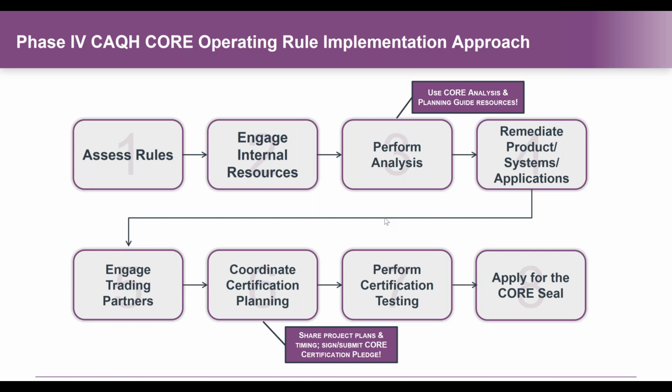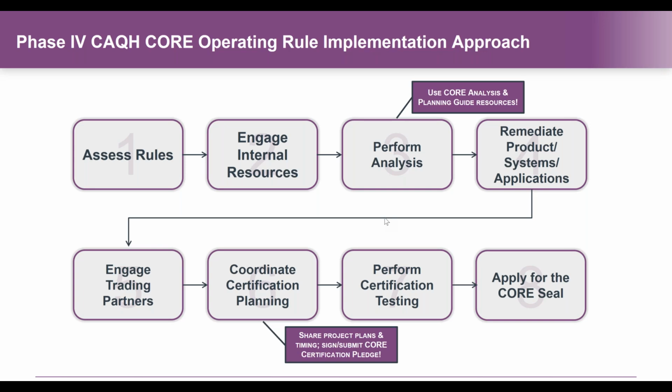Next, we would recommend using our analysis and planning guides to map out any gaps and identify any remediation strategies by either working internally or with your training partners. We actually have these gap analysis planning guides available on our website for free, and I'll talk about some of those key essential resources to help support certification later on in today's webinar.